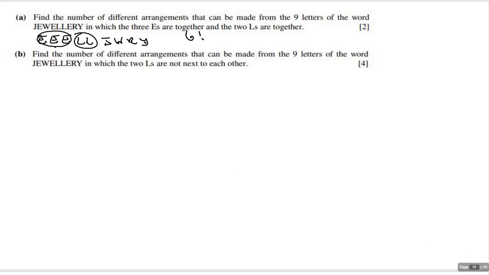Yeah. All right. Then B, the 2 L's are not next to each other. So again, pick the non-L's. E, E, E, J, W, R, Y. And then the L's have to go somewhere here.